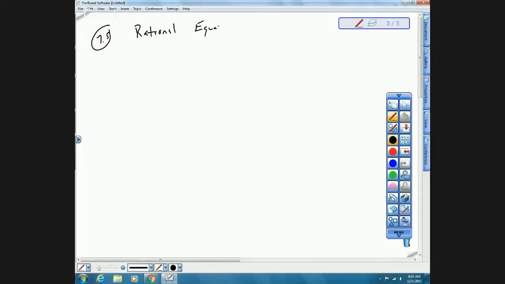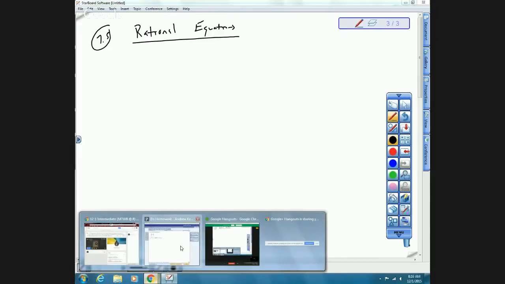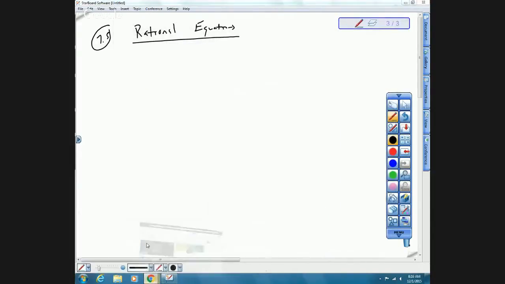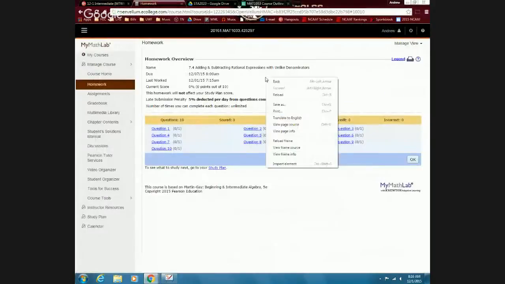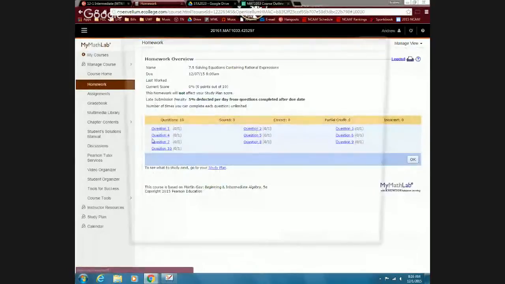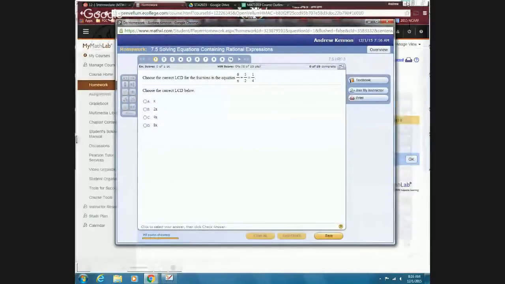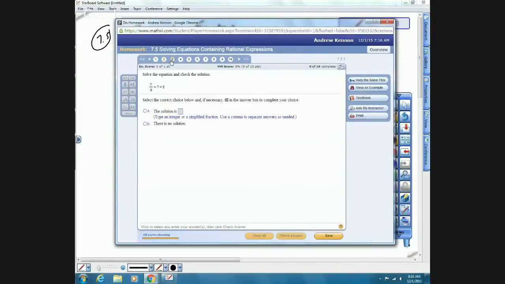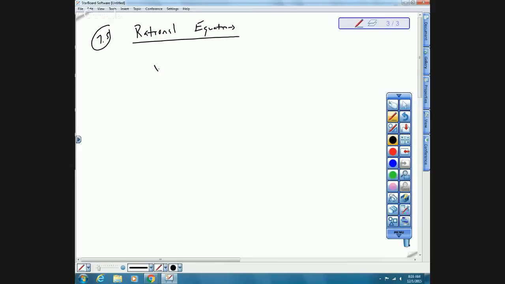Rational equations, which if you remember when we had problems with fractions in it, remember how to get rid of the fractions? Like this one right here, y over 9.